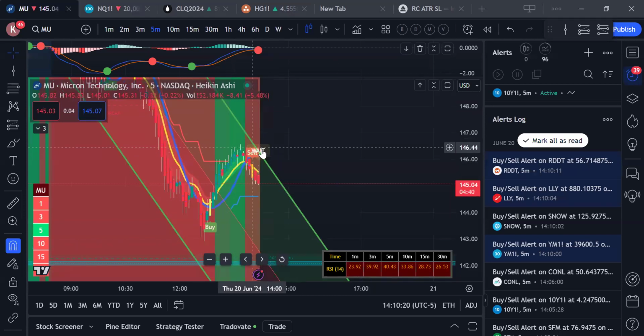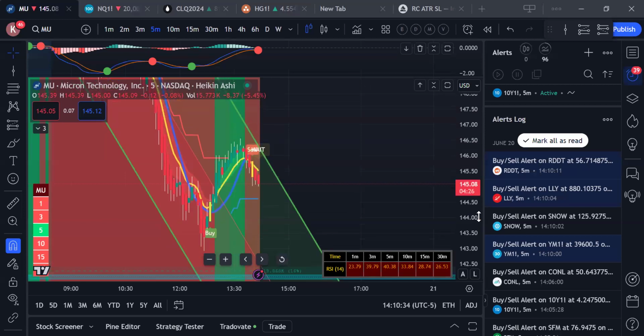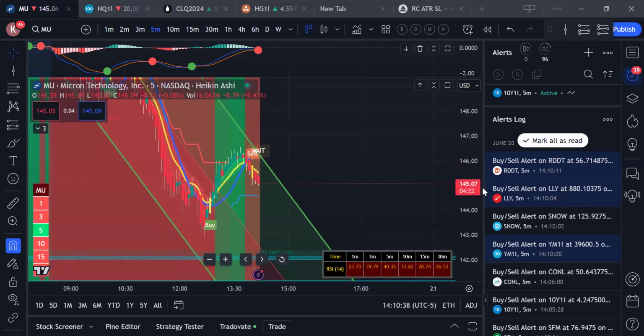Yeah, maybe in the next 1 minute this will also turn to sell. Right on MU, we got a sell signal. Everything is red here, because this 5 minutes is still green. It is just waiting. So you can also set alerts.